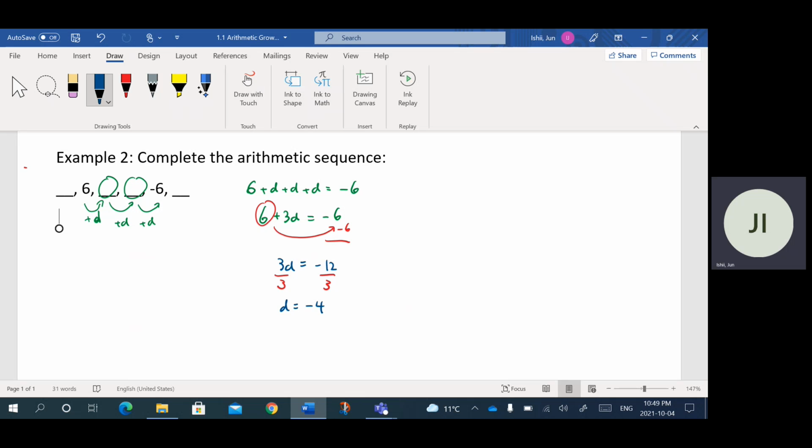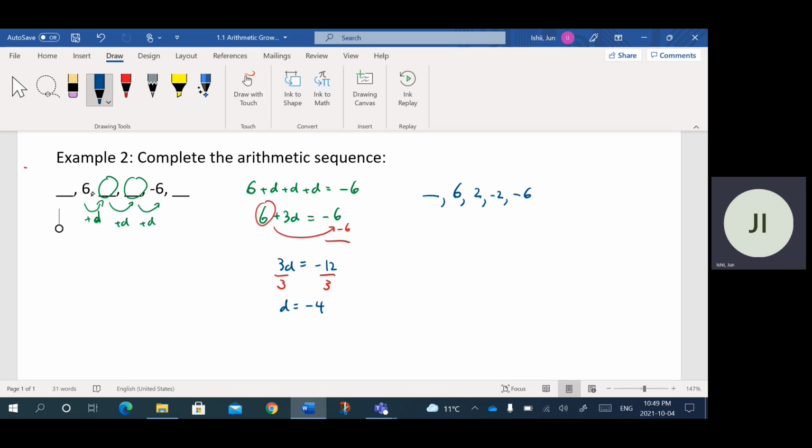Let's see if this works out. We have blank, 6. The next one from there, the common difference is -4, so 6 plus -4, in other words 6 minus 4, is 2. Do the same thing here: 2 minus 4 takes us to -2. -2 minus 4 is -6.